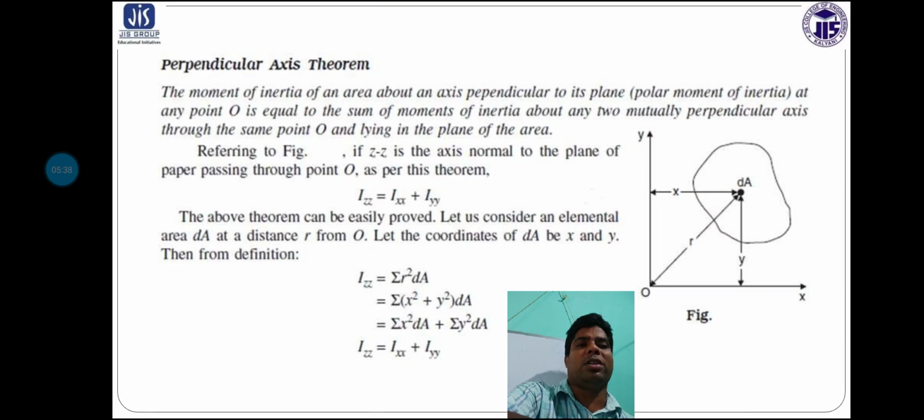We can replace r square in terms of x and y, so x square plus y square into dA. Now summation of x square dA plus summation of y square dA, that means IZZ is equal to IXX plus IYY.